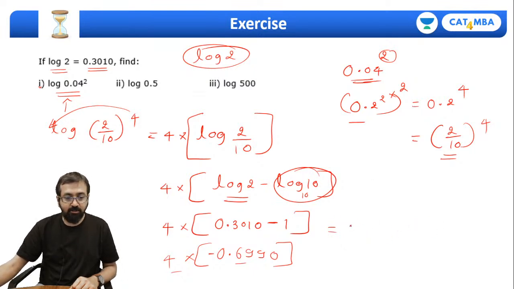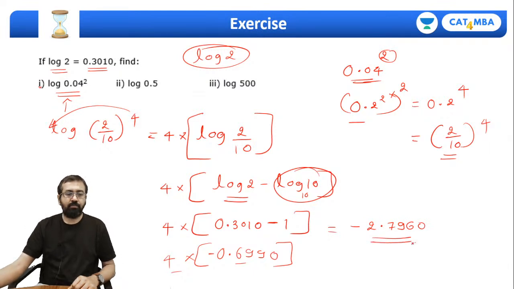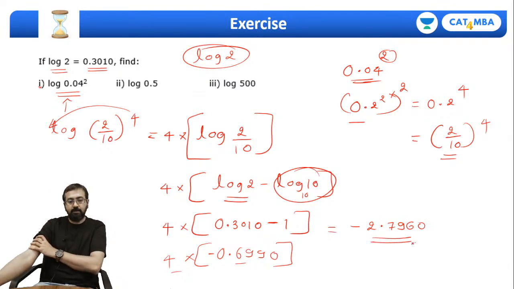Yes, it's correct. It will be minus 2.7960, something like this. It will be minus 7960. Correct.